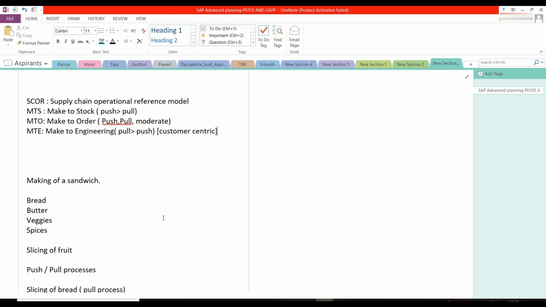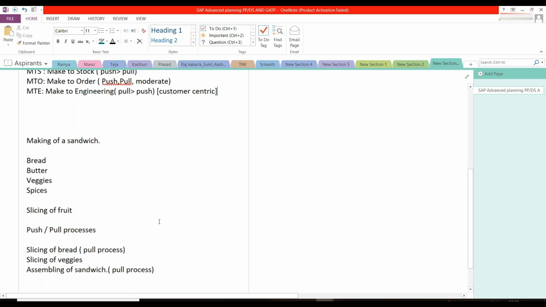So make to stock may not every time be a possibility to address the demand I'm trying to fulfill. I cannot ensure complete utilization of my make to stock scenario only. I may also have to fall into make to order or make to engineering scenario.